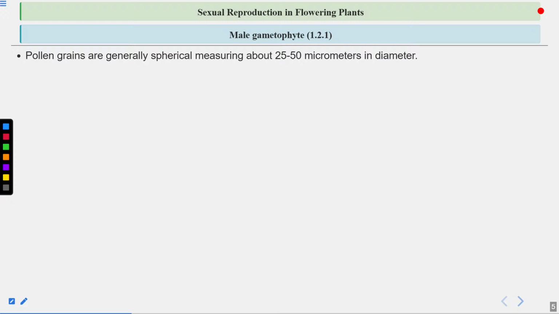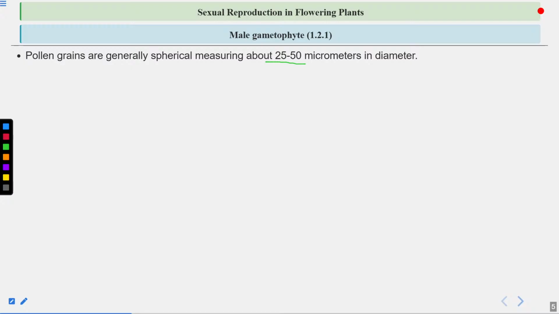This is the 1.2.1 part of your NCERT. Pollen grains are generally spherical, measuring about 25 to 50 micrometers in diameter. This is the size of the pollen grain.